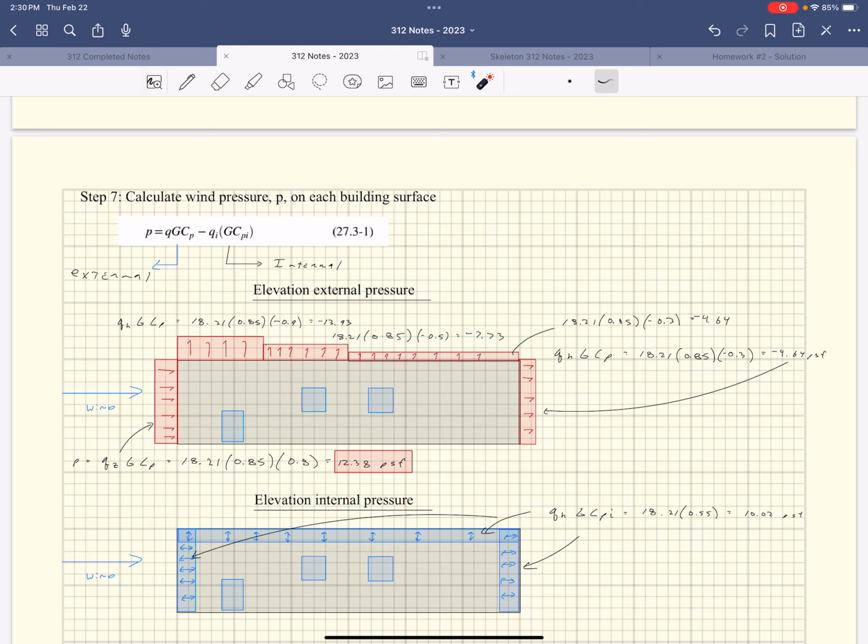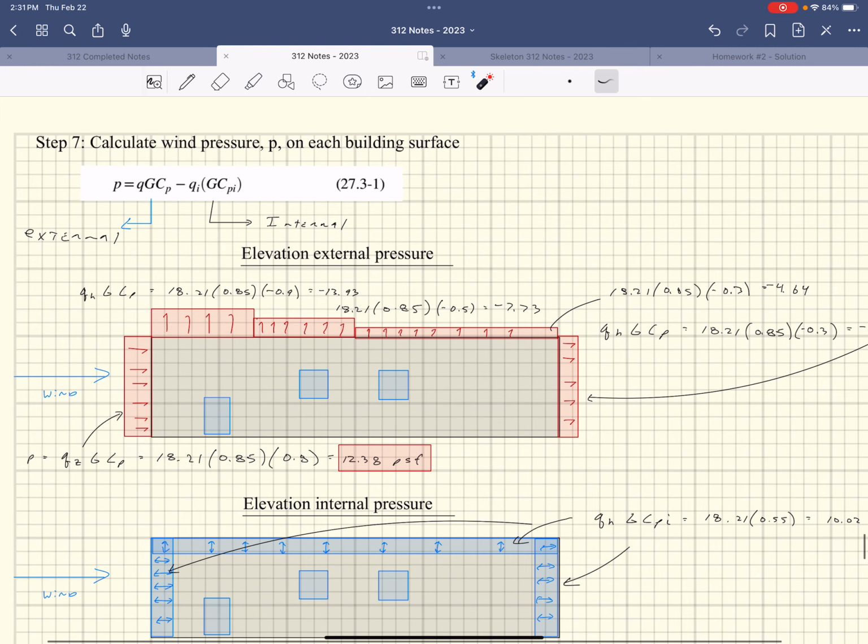Okay, and so the total pressure is going to be the external pressure minus the internal pressure, right? And it's important to keep track of your signs. If it's negative internal pressure, this will be a negative value, and it'll get added on here. We'll watch it play out.